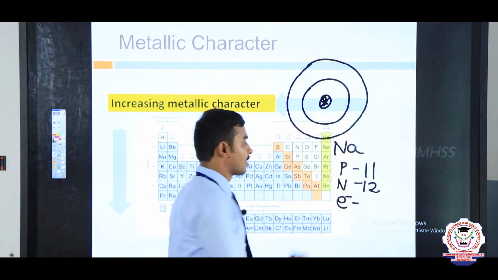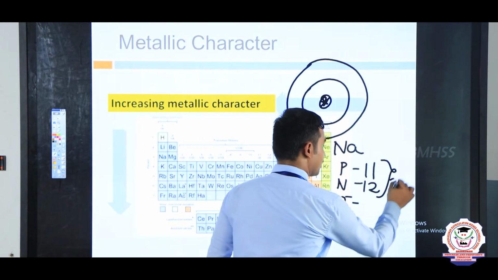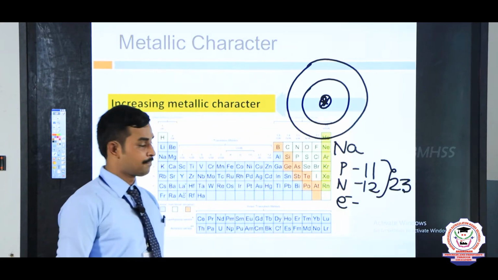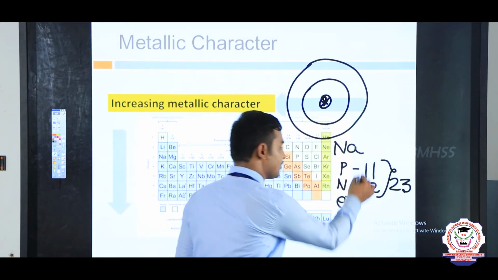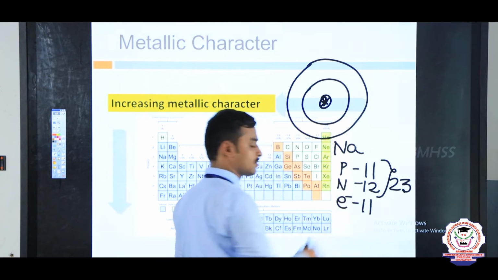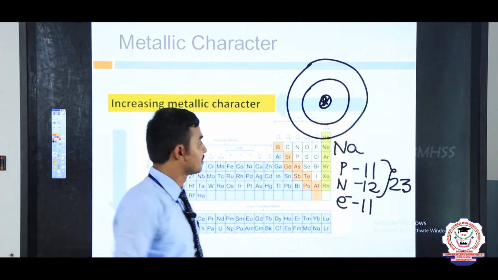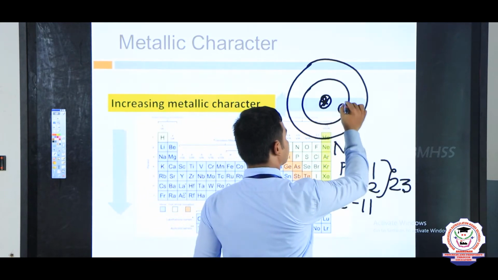So, when we calculate the mass, 23 is taken as the mass number, and the number of electrons is always equal to the protons, you know. So, the electrons present in the sodium metal atom are 11. So, I write 11 electrons here.